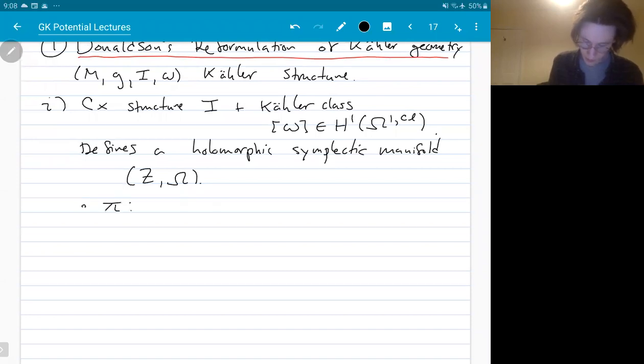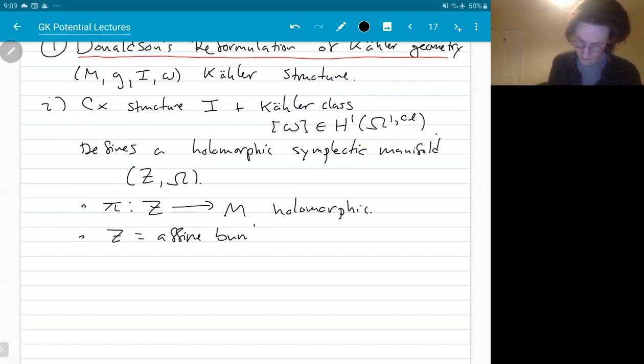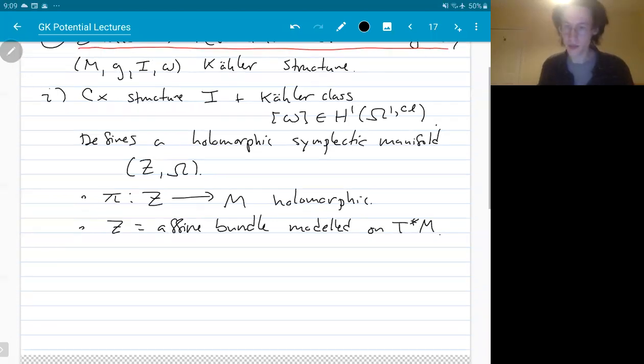It's a fibration over M, a holomorphic fibration. And it's actually an affine bundle modeled on the cotangent bundle.